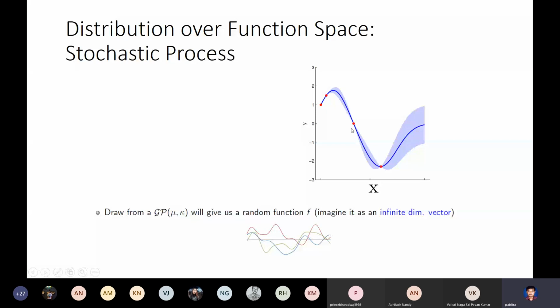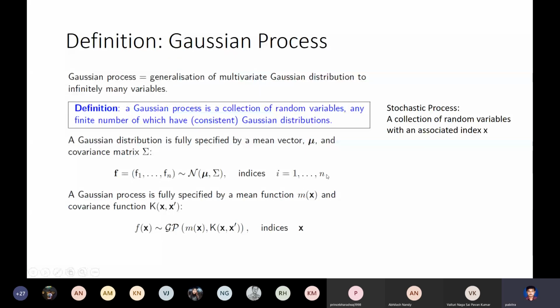This set of n points, you can consider as a random vector. This random vector is Gaussian according to some mean mu and variance sigma. If this is so for any f1 to fn lying on these set of curves, only then this set of curves would be called a Gaussian process.